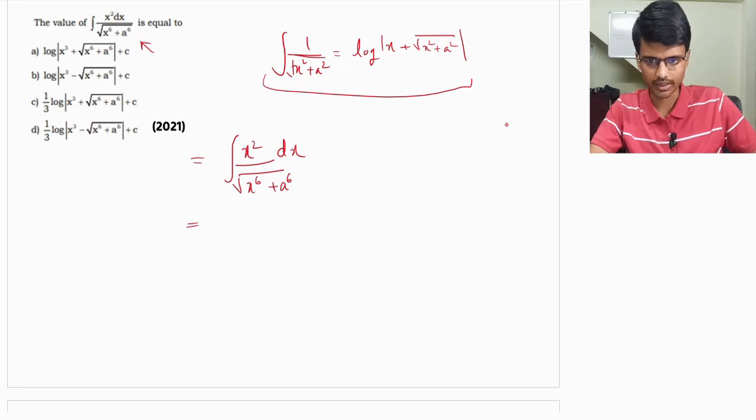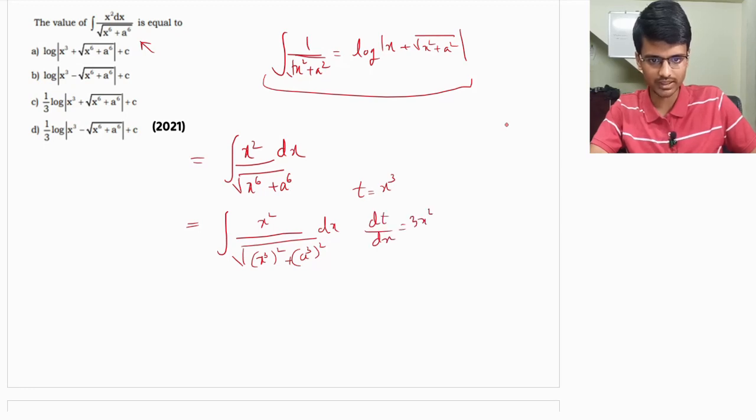Okay, what can I do? See, I can substitute t equal to x cube. Now let me transform this. This is my x square, and x power 6 I can write as x cube whole square, plus a cube whole square, dx. Now I want to substitute t equal to x cube. So dt by dx is nothing but 3x square.